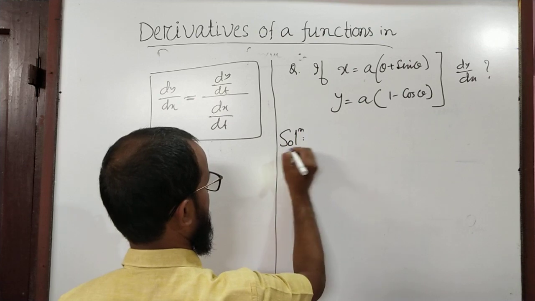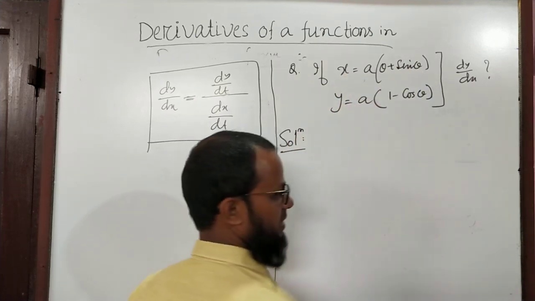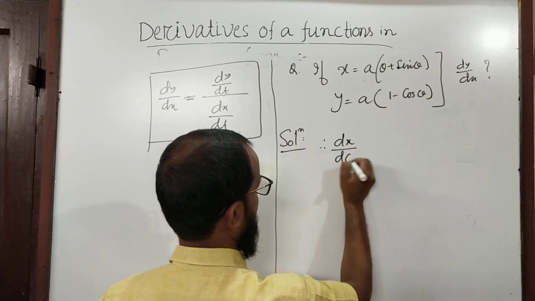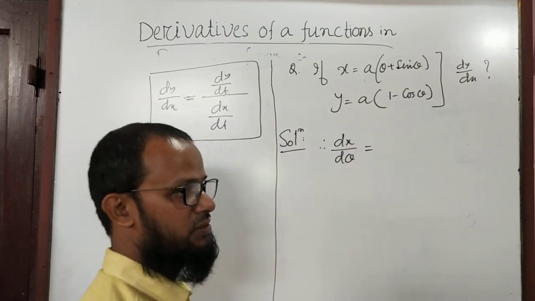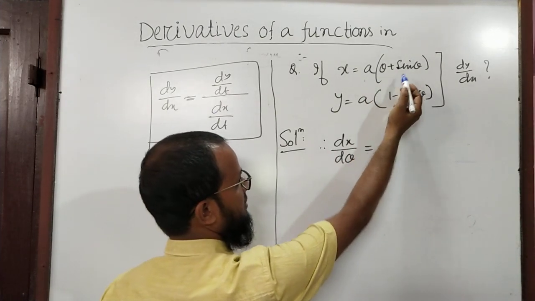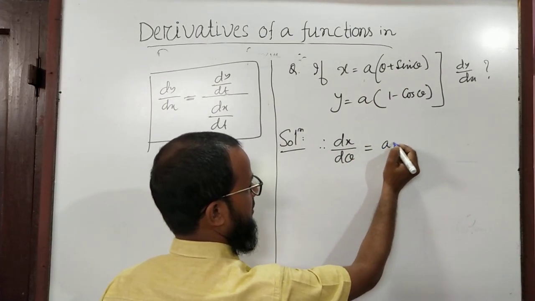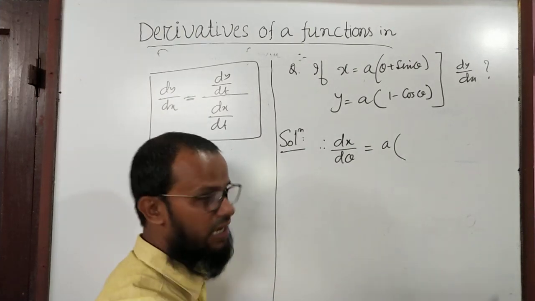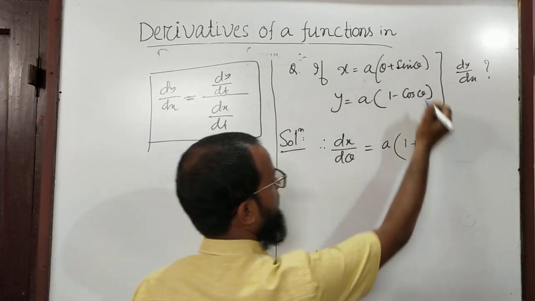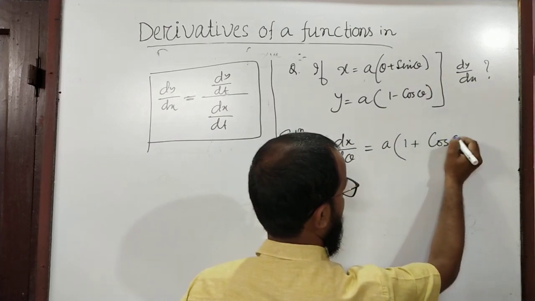the solution is, since x is a function of theta, you can find dx by d theta. You can take the derivative of x with respect to theta very easily. What is the derivative of this particular function? a is a constant. The derivative of theta is 1, and the derivative of sin theta is equal to what?